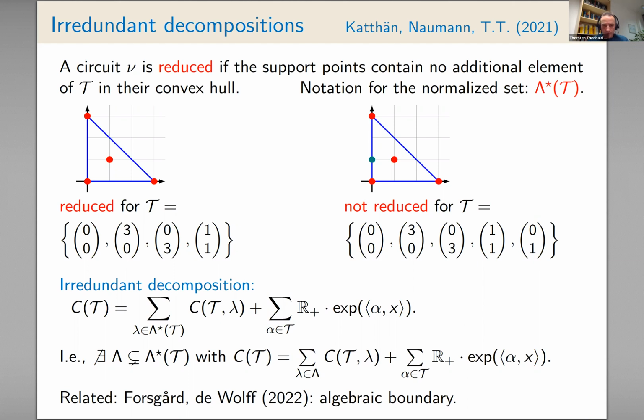Otherwise, this does not work. And using this concept, we can now write the decomposition of the sage cone as an irredundant decomposition in terms of these reduced circuits. This is also related to some work of Jens Forsgaard and Timo de Wolff, who studied the algebraic boundary of this sage cone.